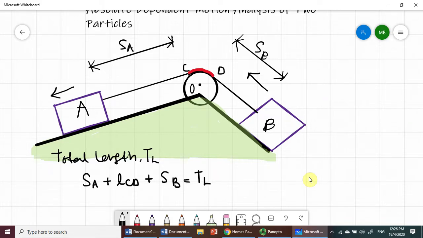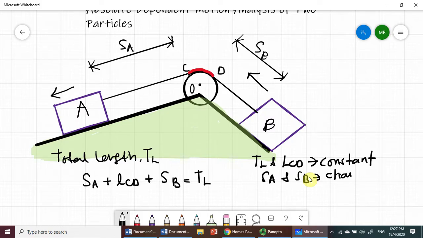So basically, TL and LCD are considered lengths that are constant over time. The length is constant over time, but SA and SB, the lengths, change over time.